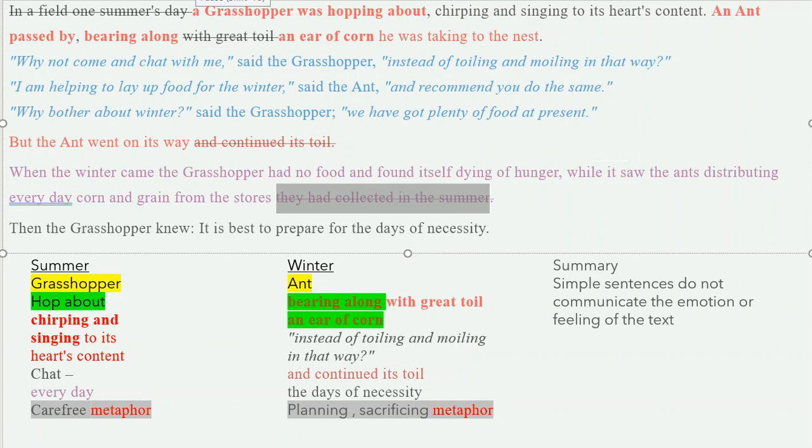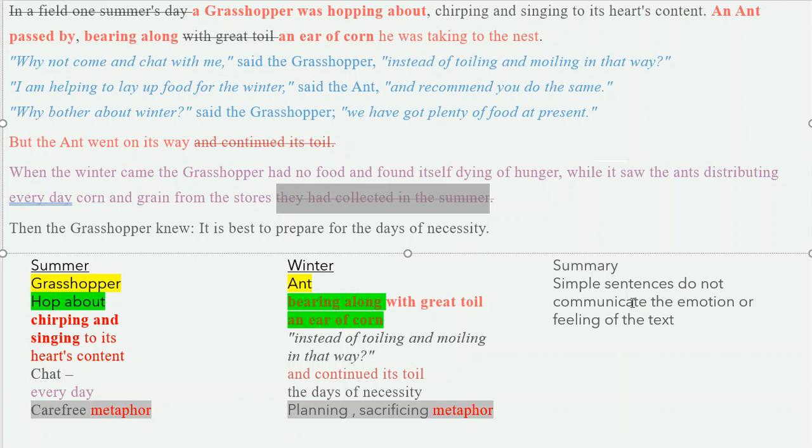So texts do not just communicate a message, they communicate emotion. We want the reader to feel something, and we think of ways in which we can make that emotion felt.